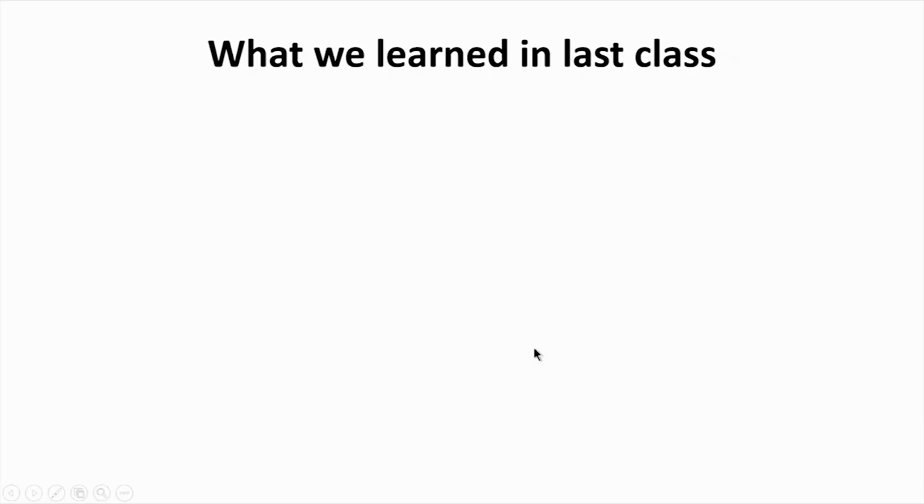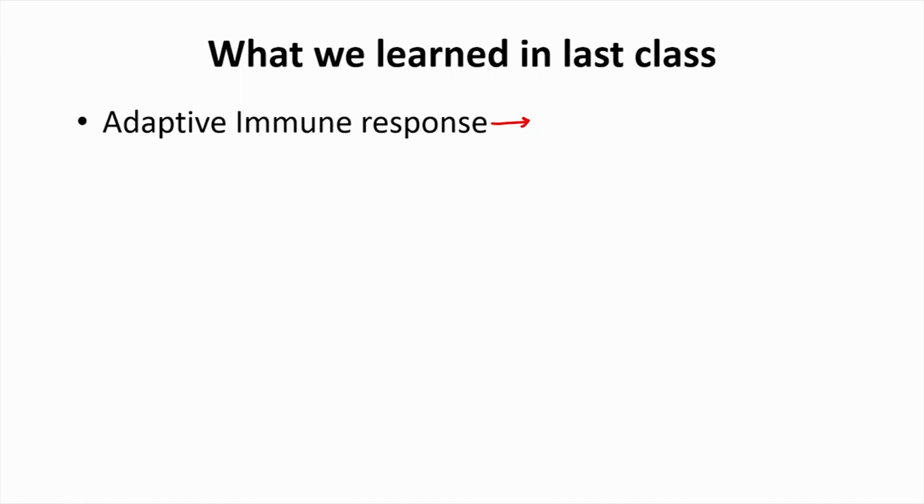Just a quick recap of what we did in the last class. We were talking about the adaptive immune response. This is an immune response which the body kicks in once the innate immune response is not able to eradicate the infection. The body then uses the adaptive immune response, where we have B cells and T cells as other leukocytes that start to learn about the antigen.